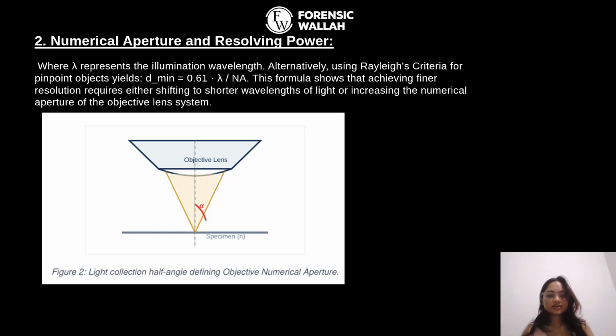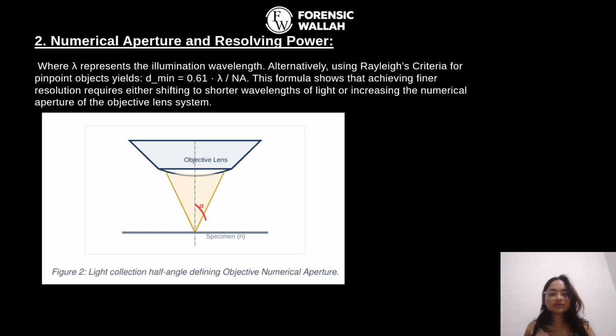This limit is dictated by wave diffraction and can be calculated by Abbe's resolution limit. So, now where lambda represents the illumination wavelength. Alternatively, we can apply Rayleigh's criterion, which is tailored for pinpoint self-luminous objects.